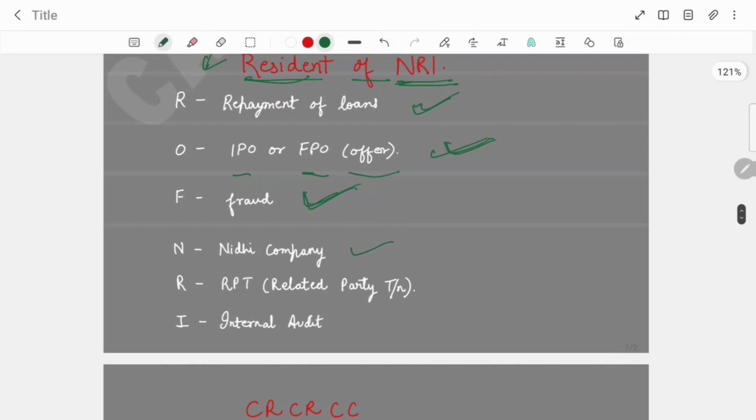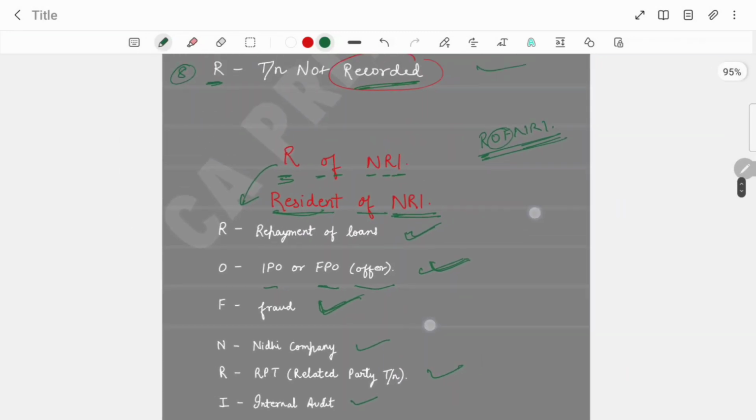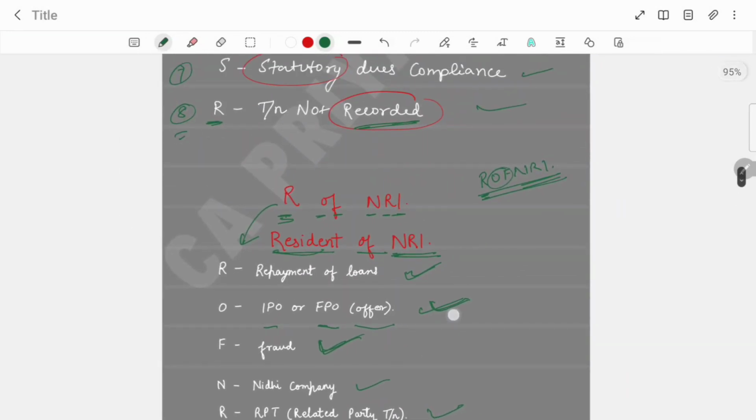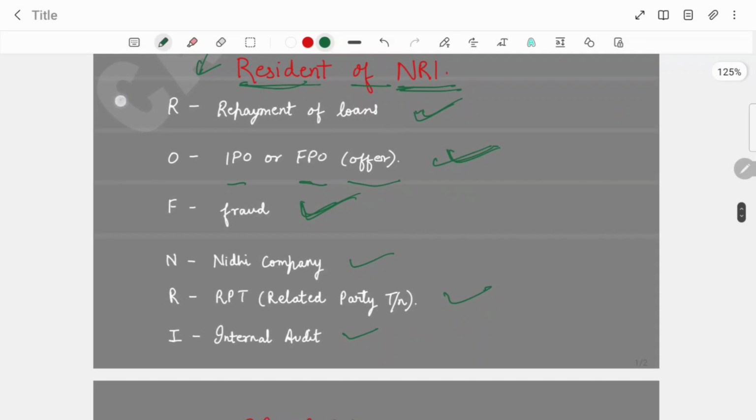From N it will be Nidhi company. From R related party transactions. From I internal audit. So till here clause 8 was covered. Now it will be clause 9, clause 10, clause 11, clause 12, clause 13 and clause 14. So till here clause 14 is covered.